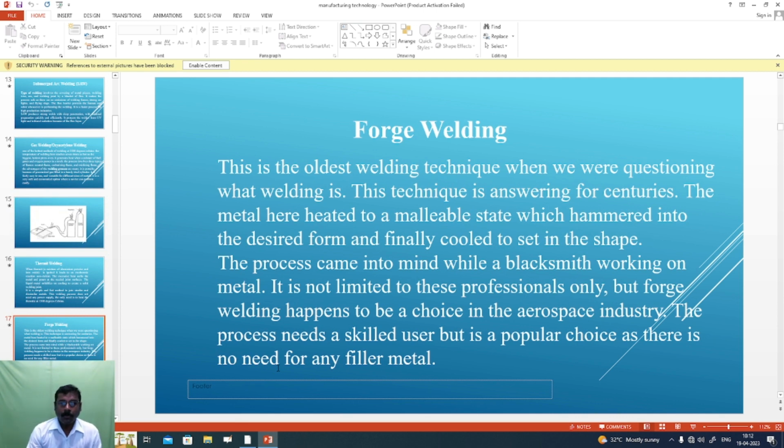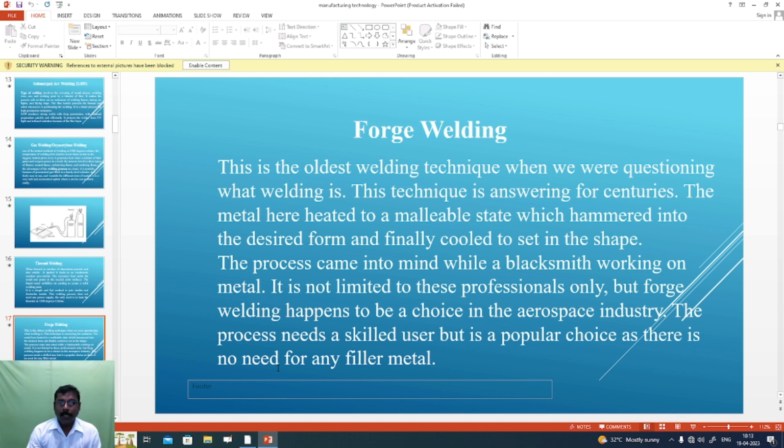Then forge welding. This is the oldest welding technique. When we were questioning what welding is, this technique has been answering for centuries. The metal is heated to a malleable state, hammered into the desired form, and finally cooled to set the shape.